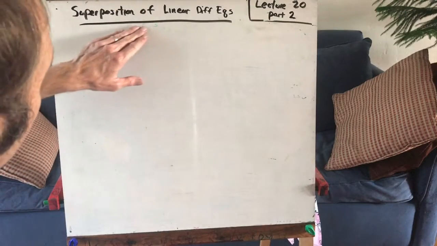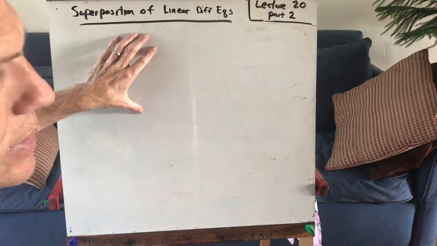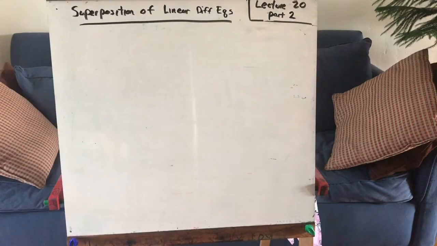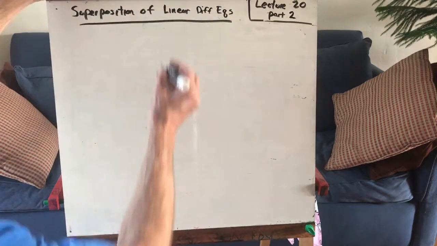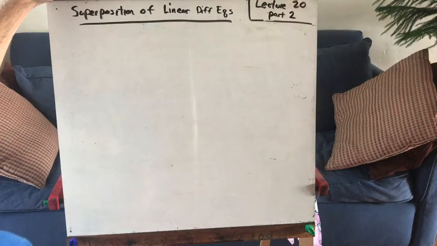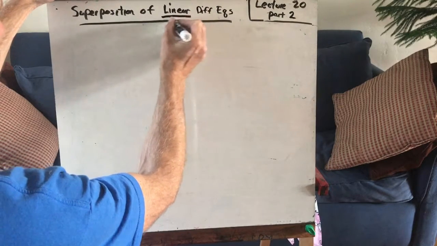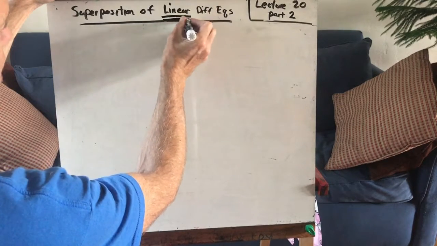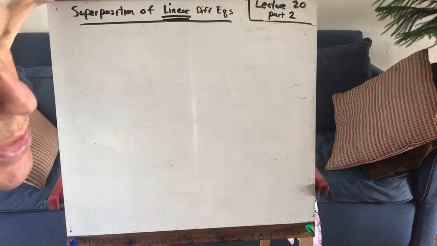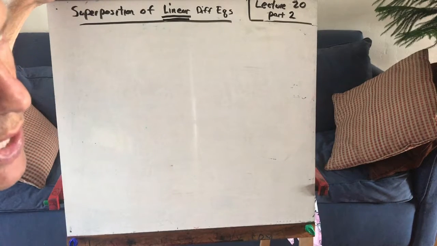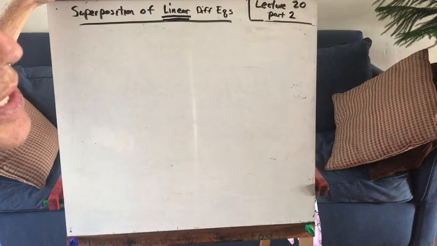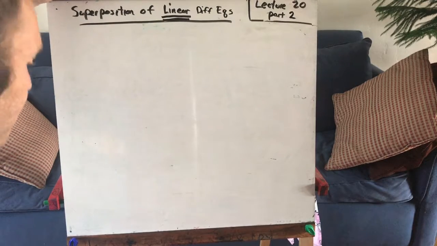But what I want to go over right now is a mathematical concept that's really, really important. This is called superposition, and it only applies when the differential equation is linear. That's one of the reasons why linear differential equations are so much easier to deal with than nonlinear ones.